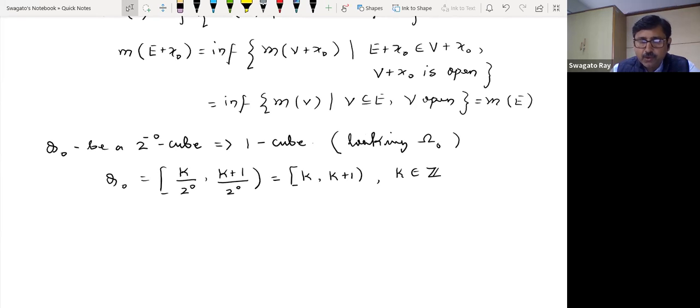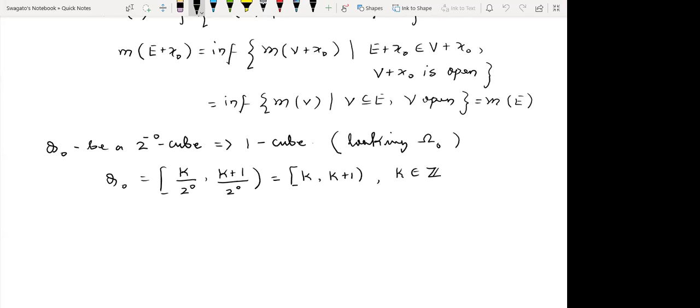It was all semi-open intervals of length 1 by 2 to the power n, where the left endpoint is of the form K by 2 to the power n. So omega 0 would include all intervals of the form K by 2 to the power 0, K plus 1 by 2 to the power 0, that is K plus 1. Let's call this Q0 for a fixed K. Okay so far? Yes, sir.